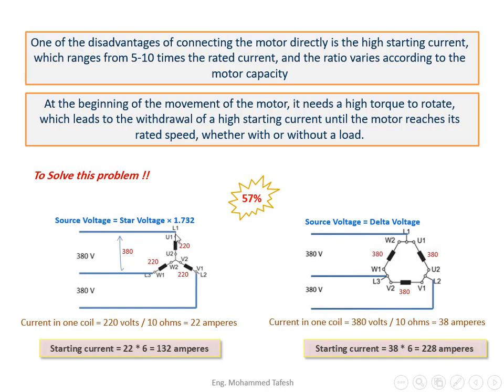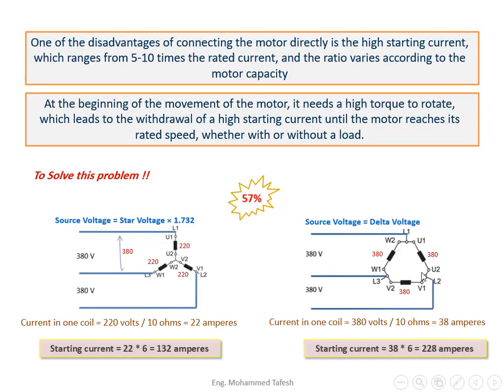The coil voltage of the motor is 380 divided by 1.732, which equals 220 volts on the same coil. While in the delta connection, the source voltage is equal to the coil voltage, 380 volts for each of them.